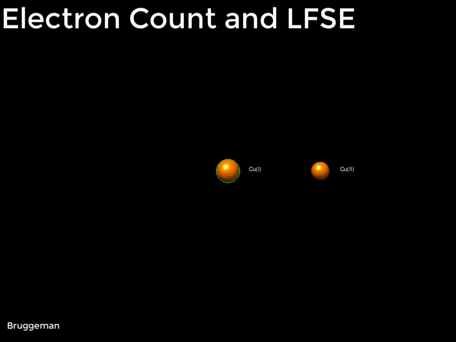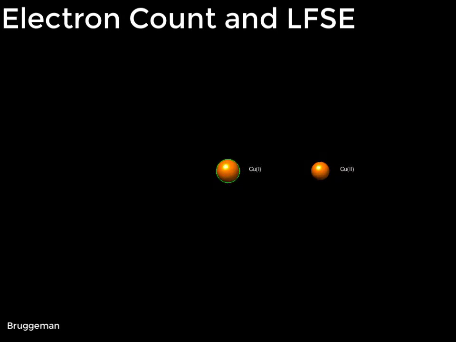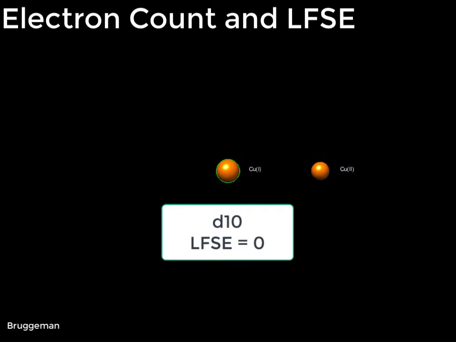Another critical difference between the copper-1 and copper-2 ions are the electron count and the effects of ligand field stabilization energy. Ligand field stabilization energy is another principle of coordination chemistry that can be applied to explain how ATX1 stabilizes the copper-1 oxidation state. Copper-1 is a d10 metal, meaning that there is a complete set of 10 electrons in its d shell and has an associated ligand field stabilization energy of 0.